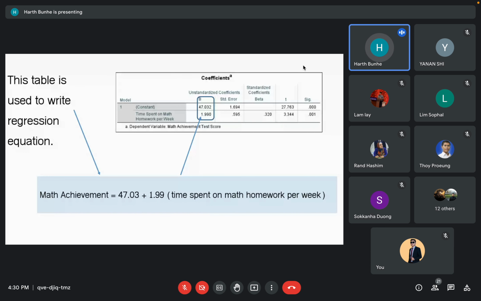If you have questions connected to regression, you are free to ask now or later on. And when you have some problem with writing, you are also allowed to ask me too.